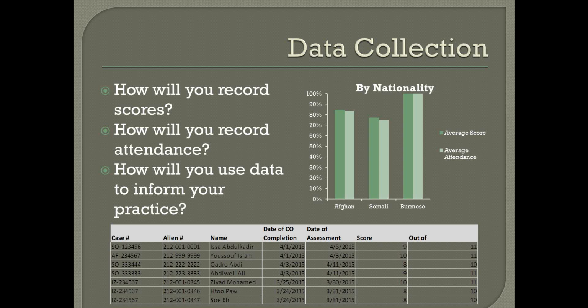If you are tracking information, as opposed to only putting the case number down, I would also encourage you to give them a unique identifier like the alien number. That will make it easier to add information to that list if you're interested.